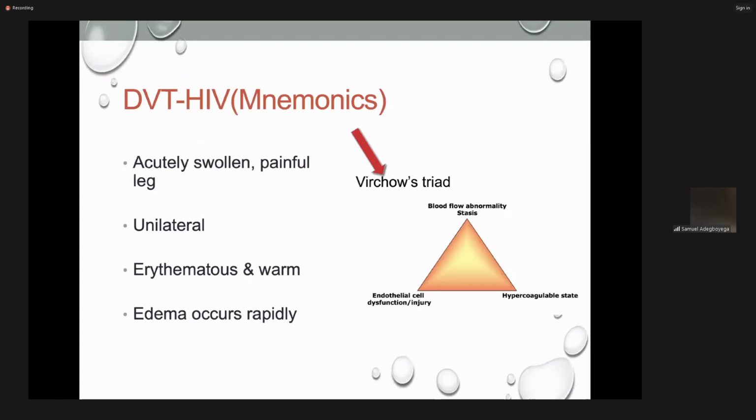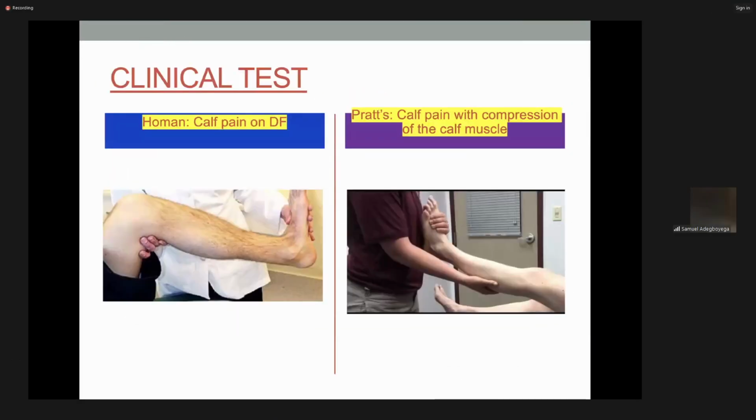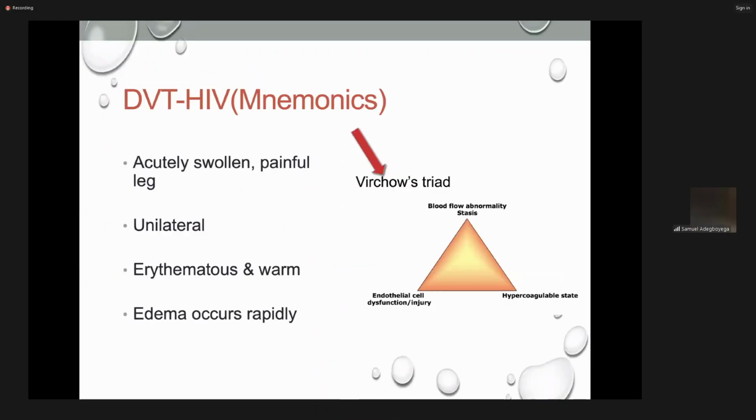Let's keep going. Virchow's triad. You guys know what that is, right? I use a mnemonic, HIV, right? Okay. Yes. What is the Homans sign? Pain on dorsiflexion of the calf. Katiana, do you think that is correct or wrong?